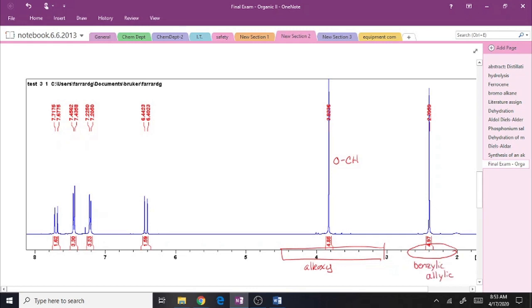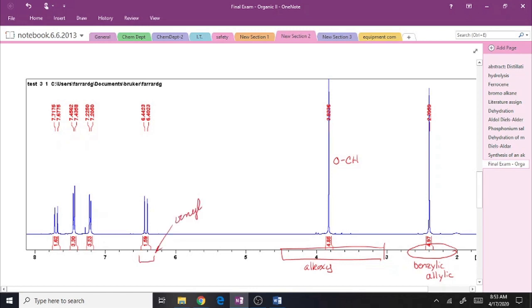So this would be a CH that's next to a double bond of some sort. Given that we have peaks down in this region, this is typically going to be in the vinylic region.